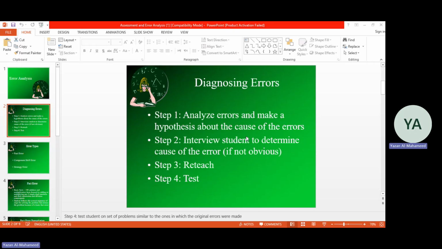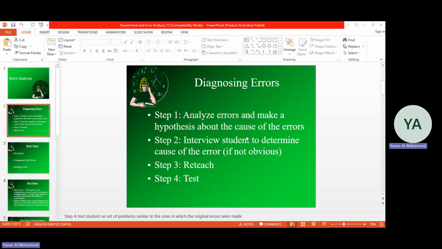The importance of learners' errors emerged with the work of Corder in 1967, who published a research paper titled The Significance of Learners' Errors. So Corder views errors as red flags, providing evidence of learners' progress in second language acquisition.